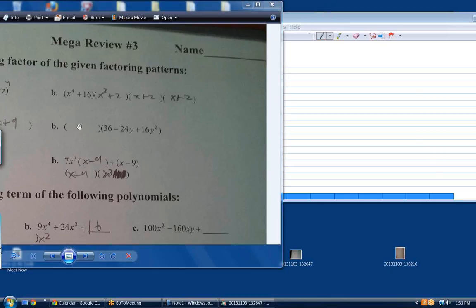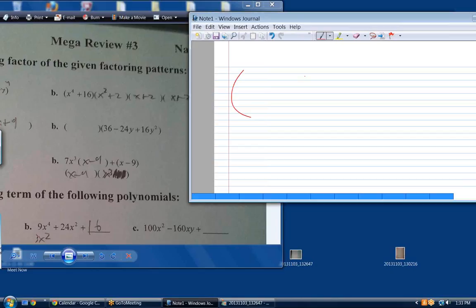So first of all, what's the sign got to be here? They're different. It's got to be plus, right? Yeah. Now, let's put our things in proper order here. It's going to make it easier to see the answer. 16y squared there, and the 36 back here.